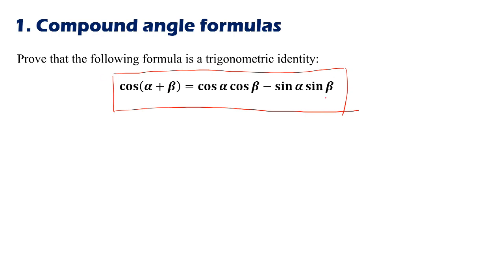You can write this down on your notebook first, and then let's have a look at how we can prove this. This is cosine of the sum of alpha and beta, which is actually cosine alpha cosine beta minus sine alpha sine beta. Please write this down on your notebook. This is called compound angle formula.